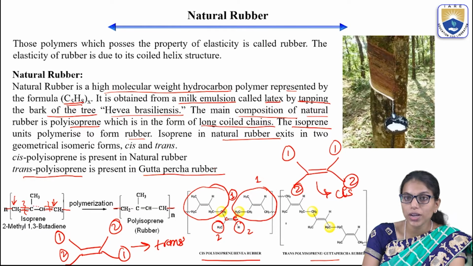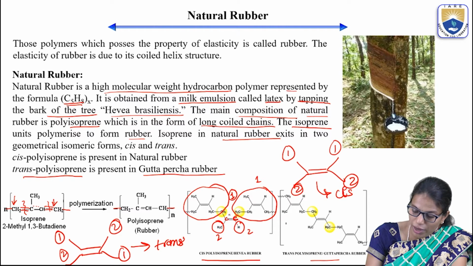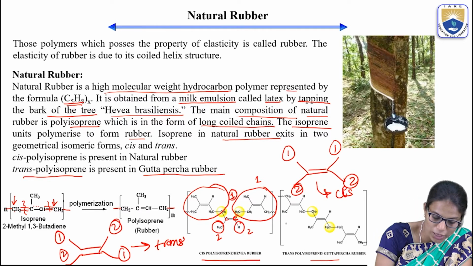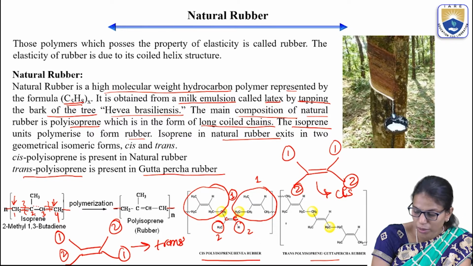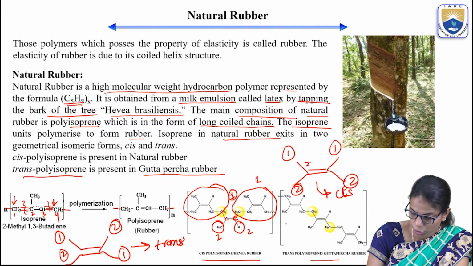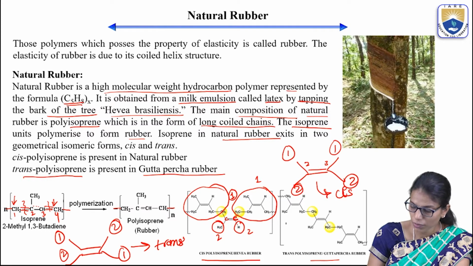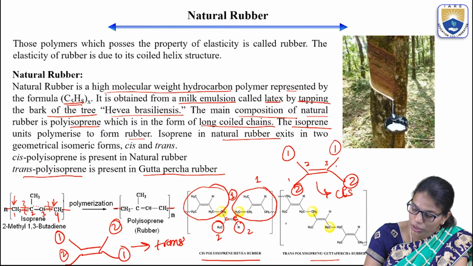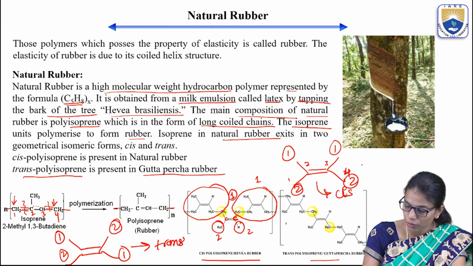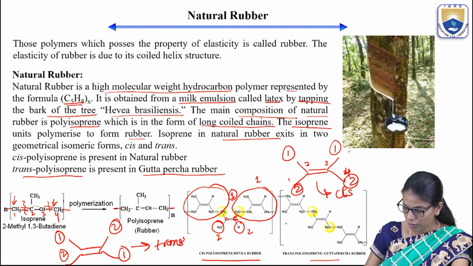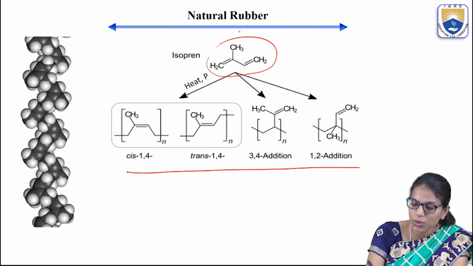Now coming to the positions as well, I am just talking about this isoprene. Here, this is 2, this is 3 and this is 4, this is the numbering I am talking about. If we look at this, the double bond forms between 2 position and 3 position, and this is 1 position, this is 4 position, 1, 2 and 3, 4.